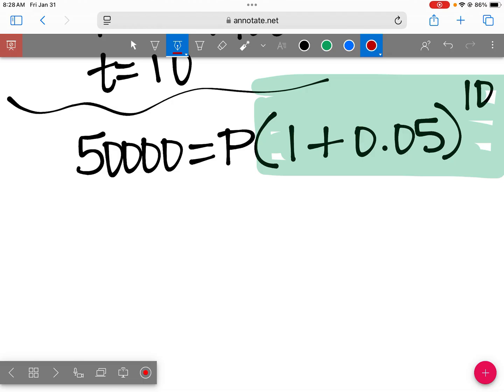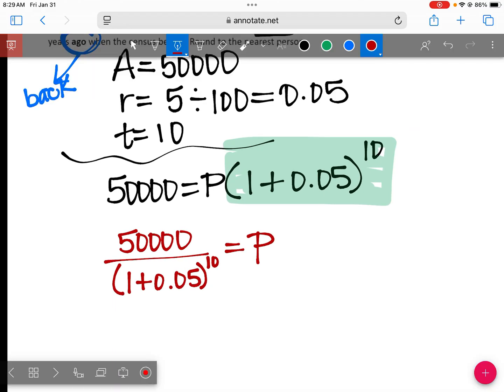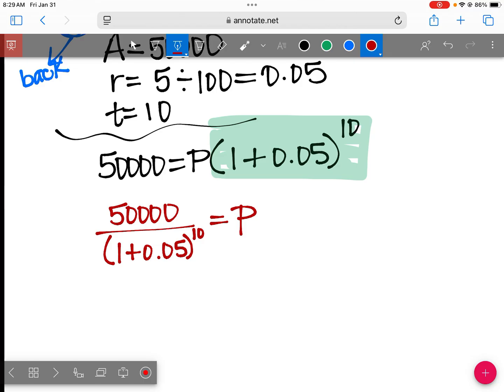So what I'm going to type in our calculator, which you need to pick up your calculator, you're going to hit that fraction button, and it would be 50,000 divided by 1 plus 0.05 to the power of 10. That's going to give us P. Again, we're talking about people, so we need a whole number.